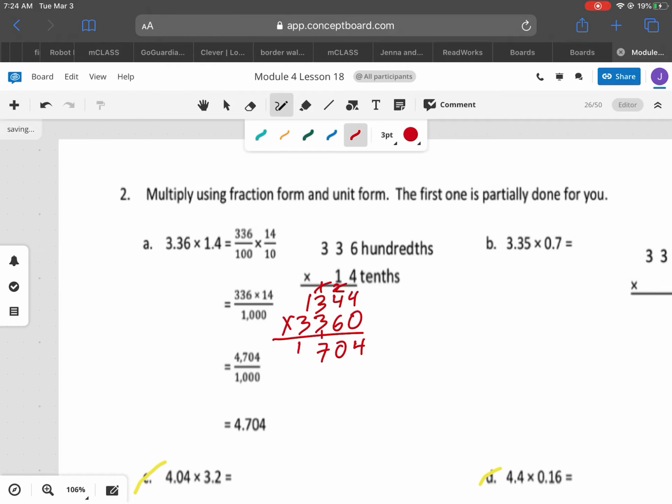And I have 4,704, and we have hundreds times tenths, so that gives us thousands. Okay, and that's 3 decimal places. 1, 2, 3. So we're going to go 1, 2, 3. All right. So our answer is 4 and 704 thousandths.